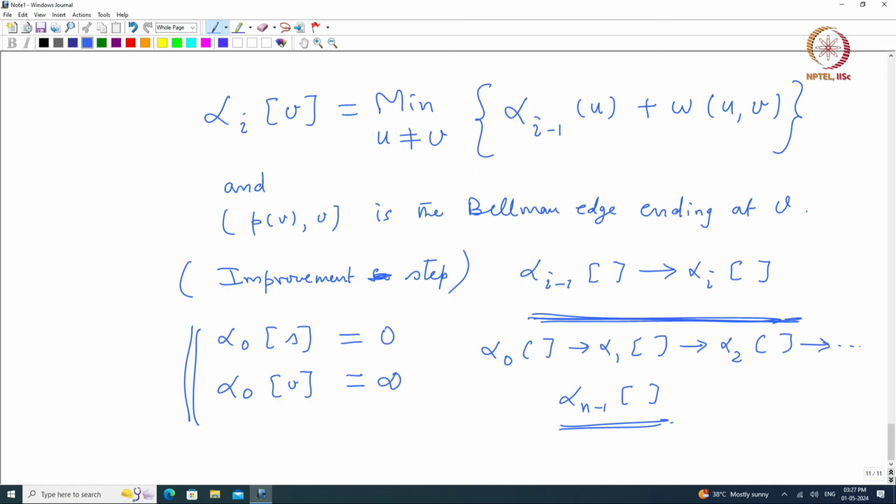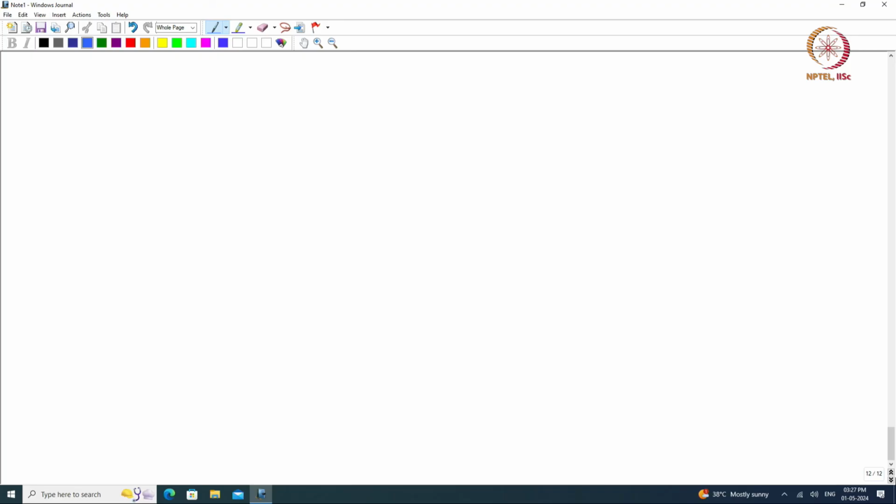1. So, you have the alpha n minus 1 vector, that means alpha n minus 1 for one vertex, alpha n minus 1 for yet another vertex. In this way you have alpha n minus 1 for all vertices.